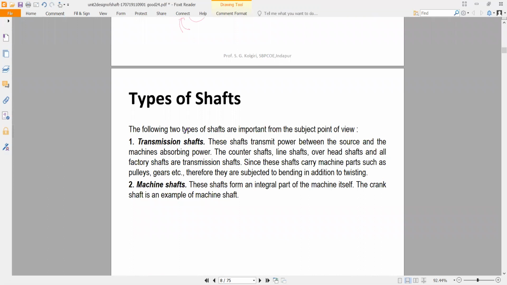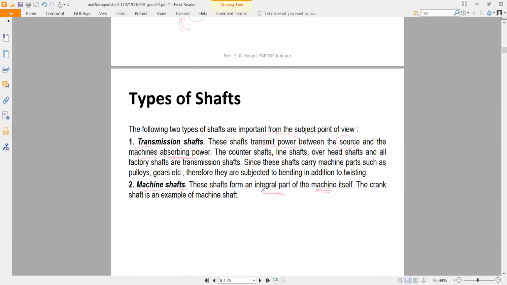There are two important types of shaft. First, the transmission shaft, which transmits power from the power source and is connected to the machine to absorb the power. Another one is the machine shaft, which is an integrated part of the machine itself.